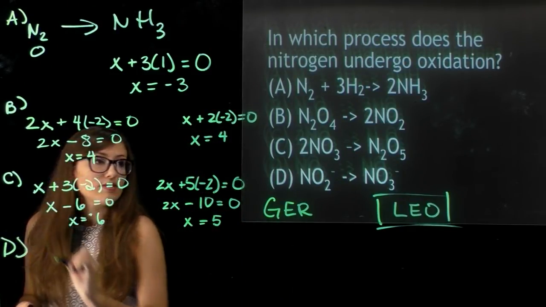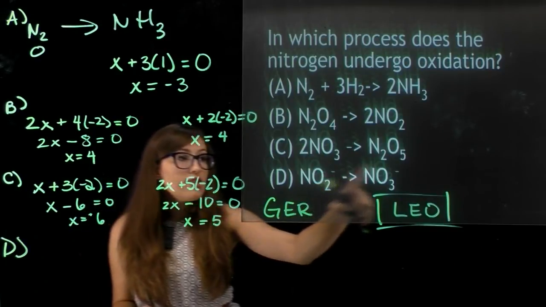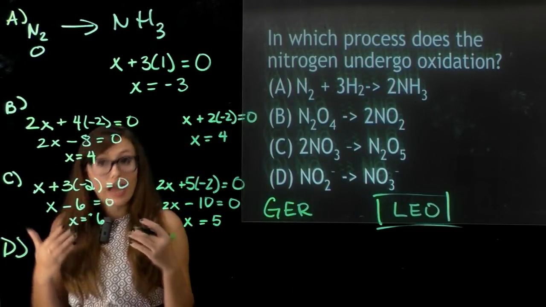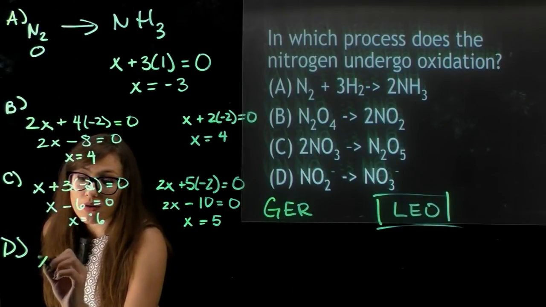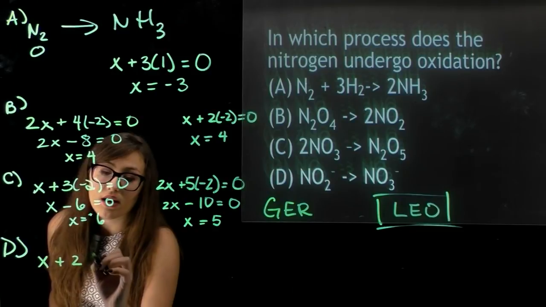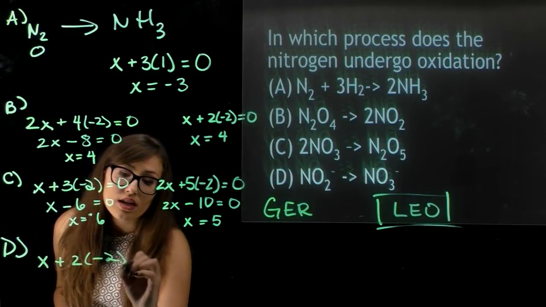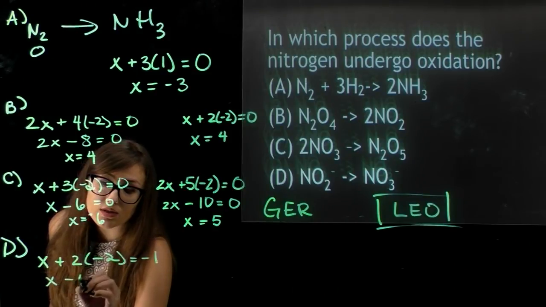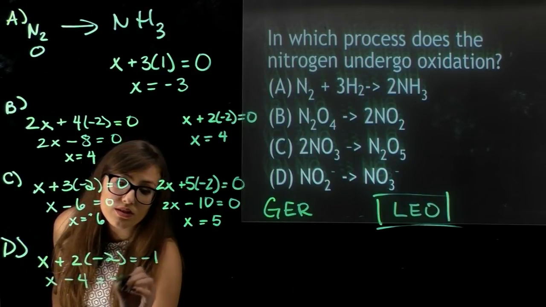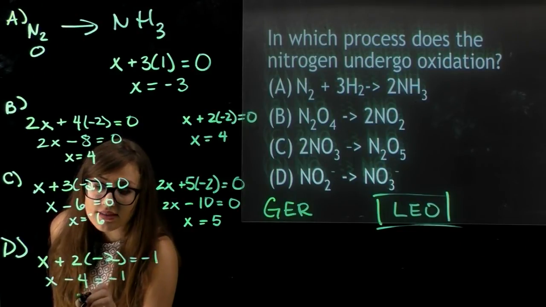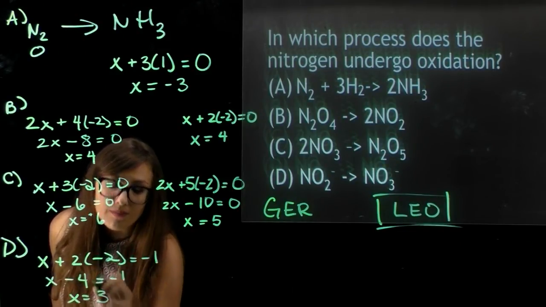So lastly, for D, in this case, these are charged species, so we have to set that equal to that charge. So we don't know the oxidation state of nitrogen, but we know that of oxygen, and this is equal to -1. So we have x minus 4 is equal to -1. We add 4 to both sides, and so we get x is equal to 3.